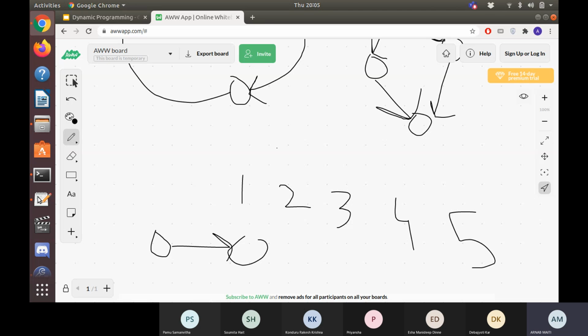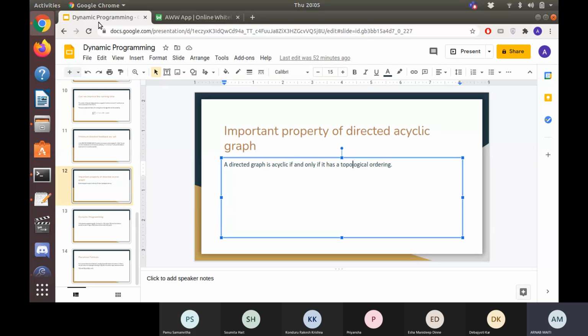Let me not discuss the dynamic programming subproblem. But what I'll tell you is that you have to make use of this fact and try to come up with a dynamic programming table.